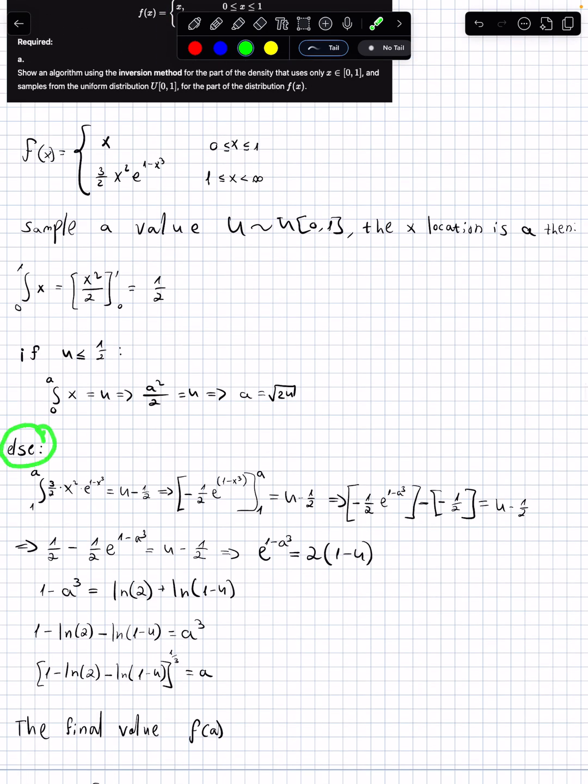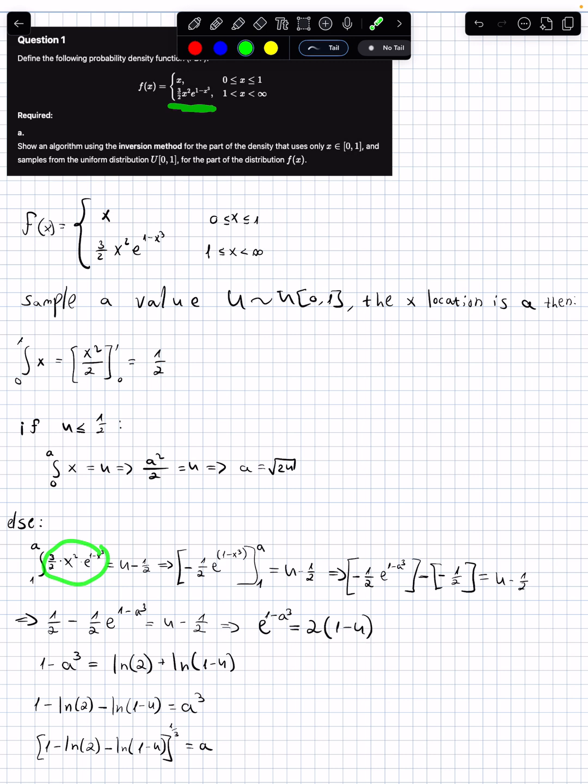Now, else, meaning u is bigger than half, we're going to do the integral from 1 to a of the rest of the part, of 1.5 times x squared times e to the power of 1 minus x to the power 3. It will be equal to u minus half. Why did I say u minus half?